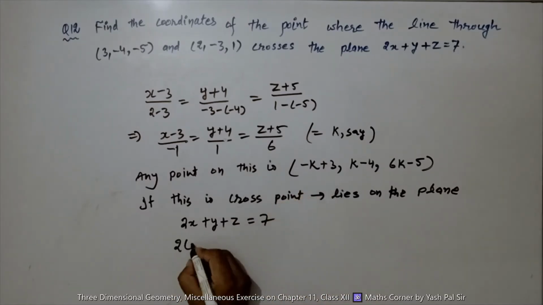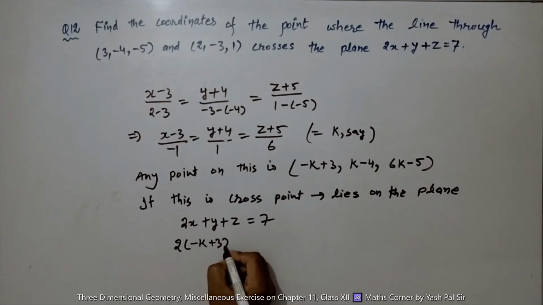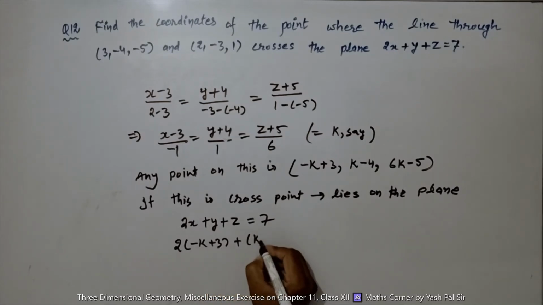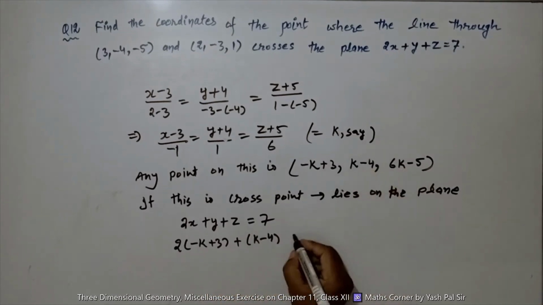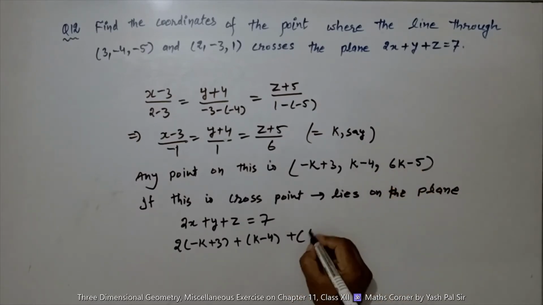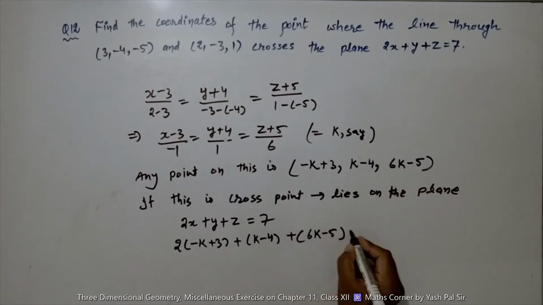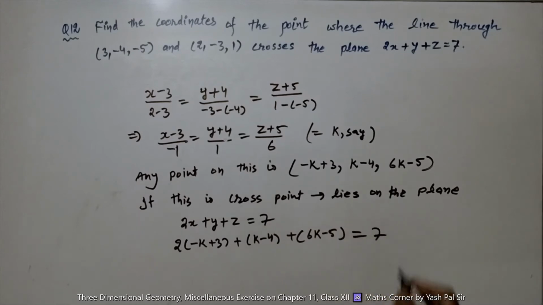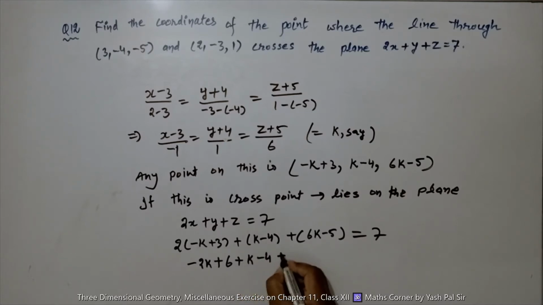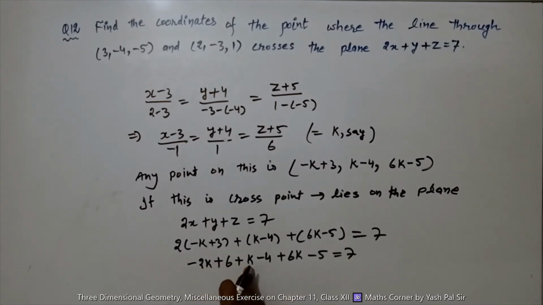So we put the values. 2 into x is minus k plus 3, plus y is k minus 4, plus z is 6k minus 5, is equal to 7. This becomes minus 2k plus 2 into 3 6 plus k minus 4 plus 6k minus 5 is equal to 7.